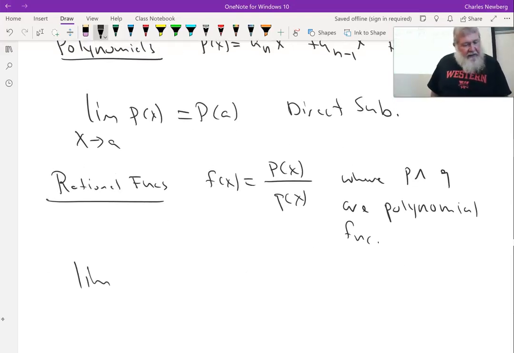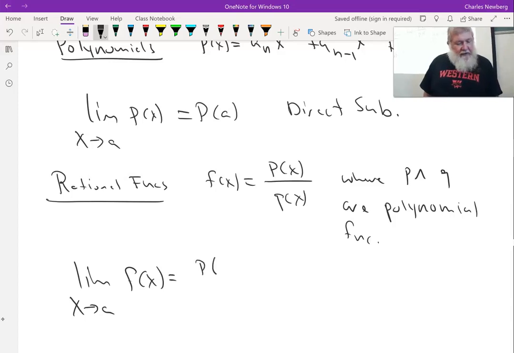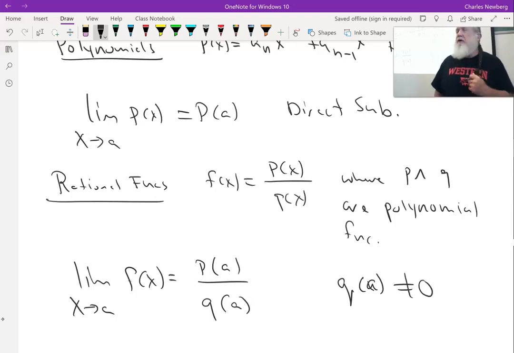The limit as x approaches a of f of x. Well, we could plug in the a into the polynomials, provided one thing: q of a does not equal 0. If q of a equals 0, we have to do something else. So that's kind of where we left off last time, and we had a couple other rules there.